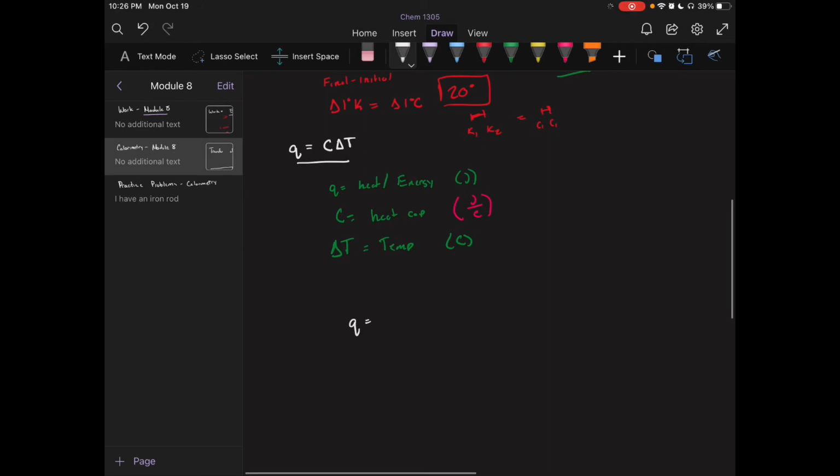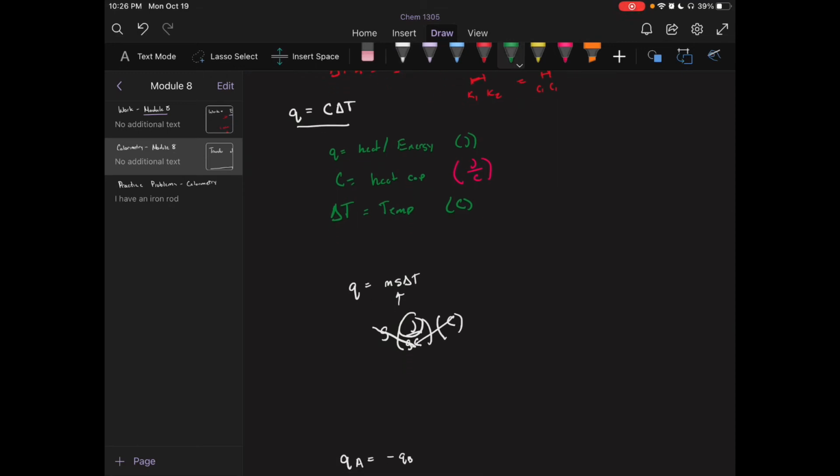So that's Q equals m s delta T. And then let's expand that, right? So that's grams times joules over gram Celsius times just regular Celsius. You'll see that the Celsius and the grams cancel out, leaving us only with joules, right? And Q is in terms of joules.